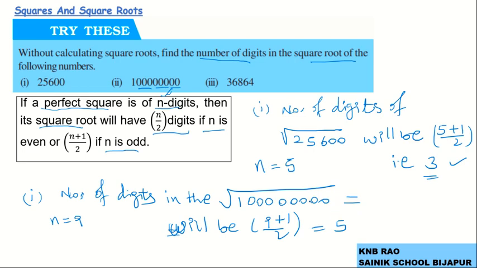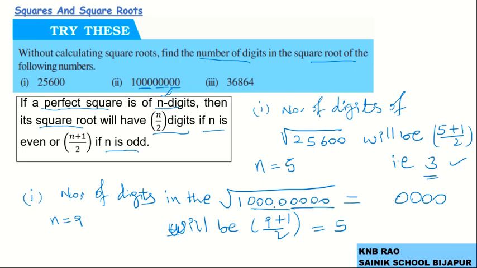And see children, I have a doubt here, what is the answer of it? You know, for 8 zeros, I can write this as 10 multiplied by itself 8 times.